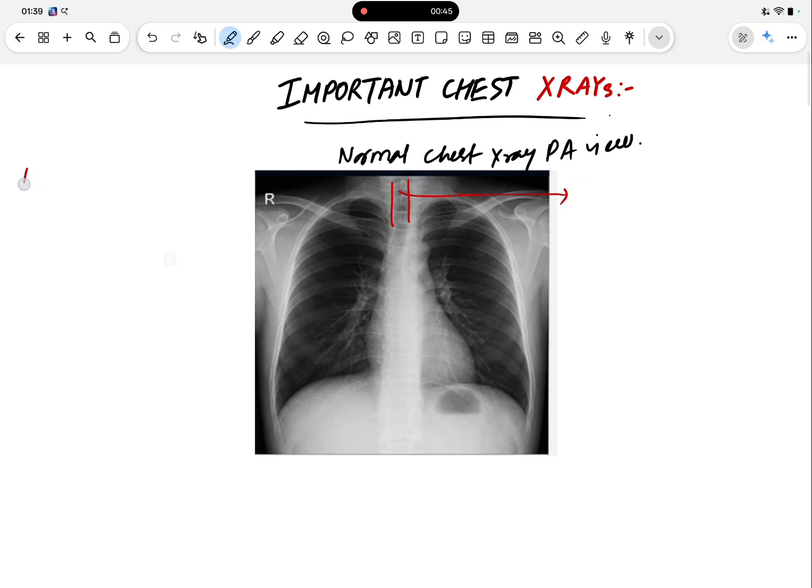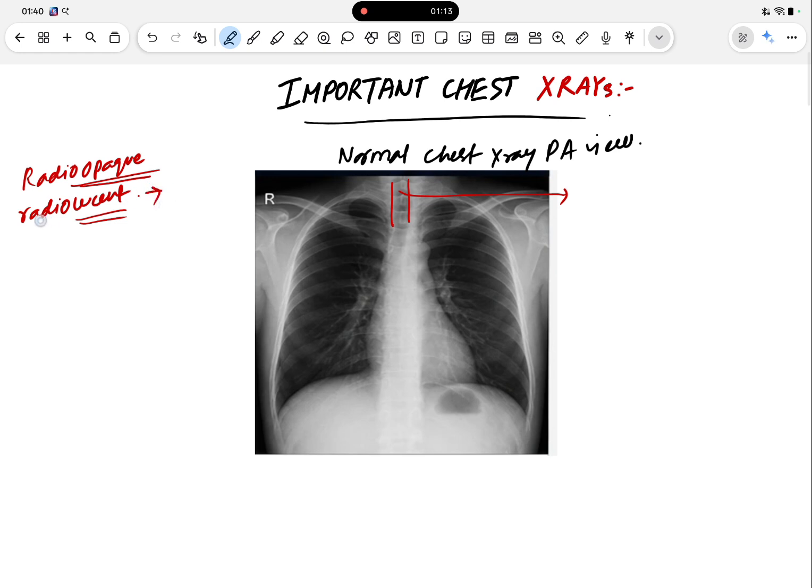One term is radio-opaque. Another is radiolucent. Radio-opaque means the X-rays cannot pass through these things, like any hard object such as bone, so they will appear white, and the radiolucent areas will appear dark.